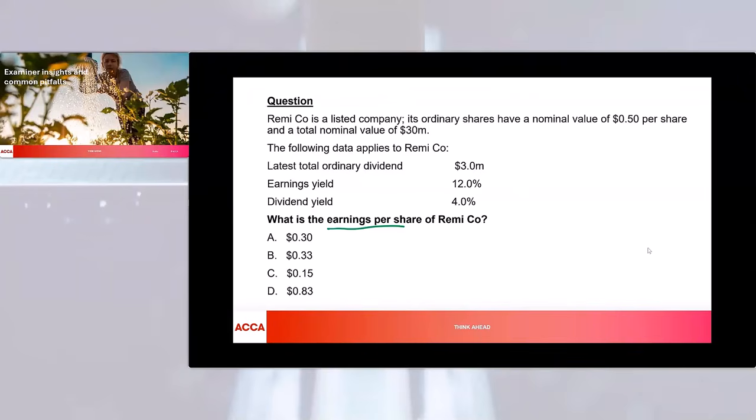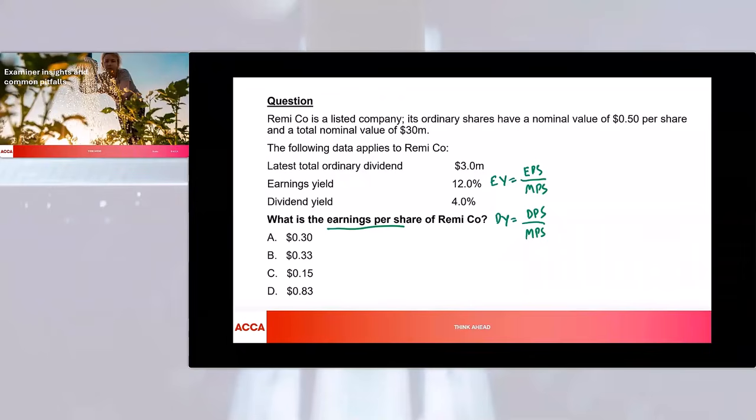You can write those formulas in per share mode. Probably to help you a little bit: the earnings yield is equal to EPS divided by MPS, and the dividend yield is equal to DPS divided by MPS, market price per share.